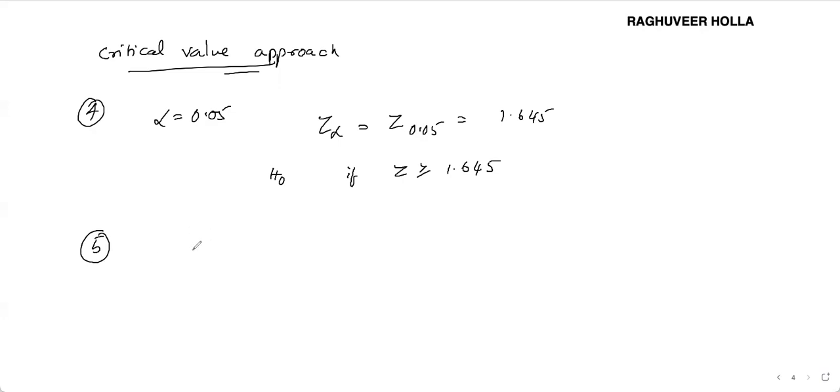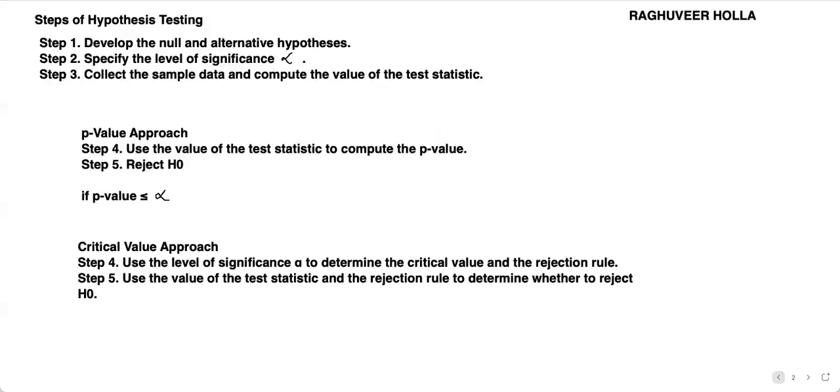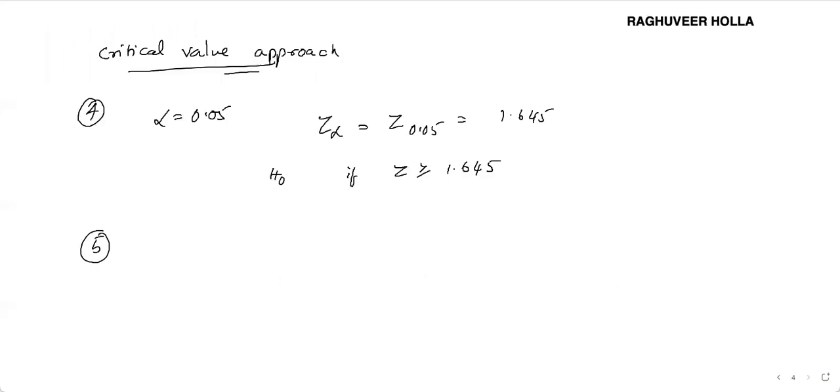Now we use the value of test statistics and rejection rule to determine whether to reject H naught. So let us see that. We got Z value as 2.47, which is greater than 1.645, right?